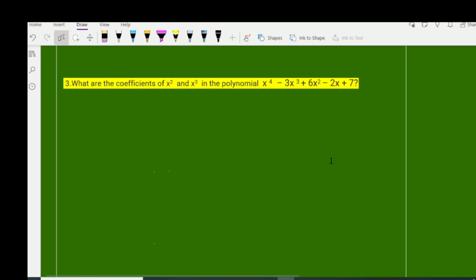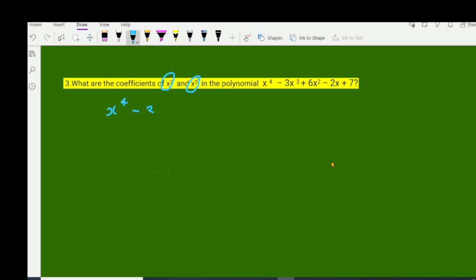Third question: write the coefficient of x squared and x cube in the polynomial. Take the given polynomial, x power 4 minus 3x cube plus 6x squared minus 2x plus 7. Now, where is the x squared term? Look here, this is the x squared term.